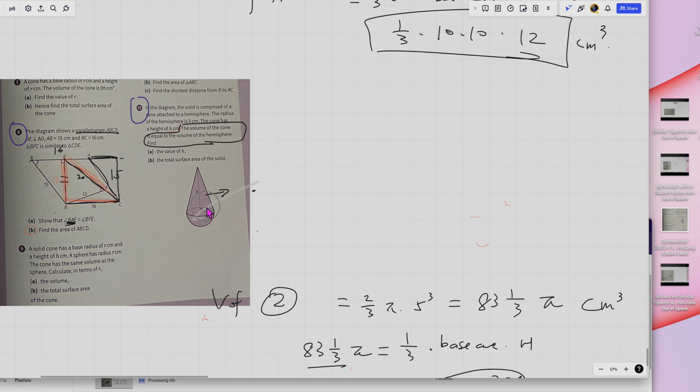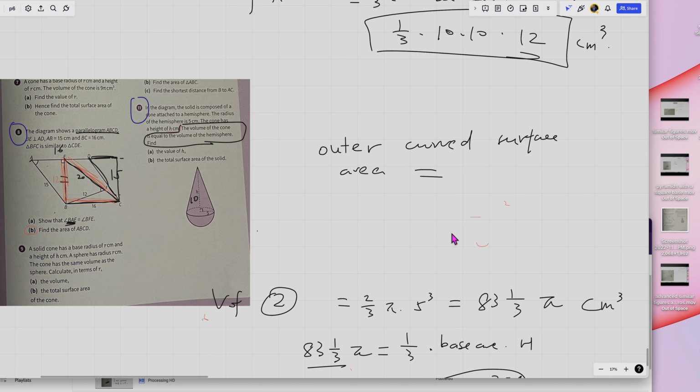So h is 10. 1/3 times... outer curved surface area. 1/3 is for volume. So the outer curved surface of the cone is, you can refer to your formula sheet.